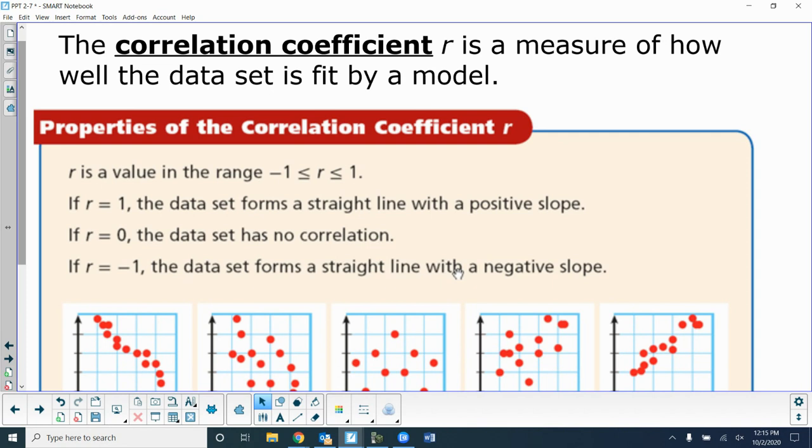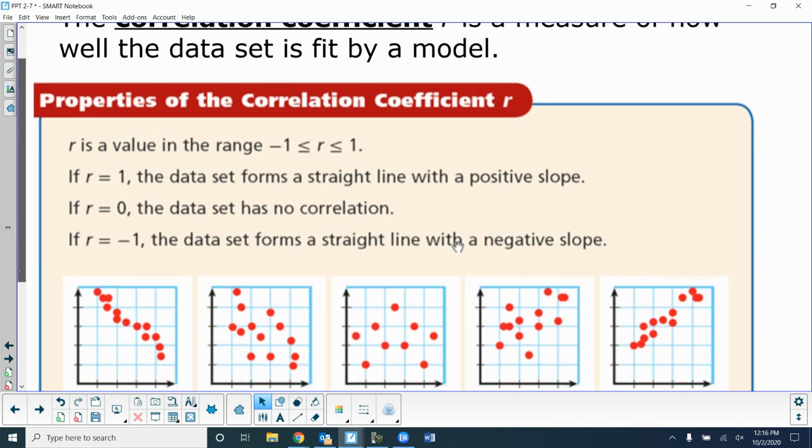Those are the only numbers you'll have for the R value, between -1 and +1. You won't have anything bigger than 1 or anything less than -1. If your R is 0, then there's really no correlation.